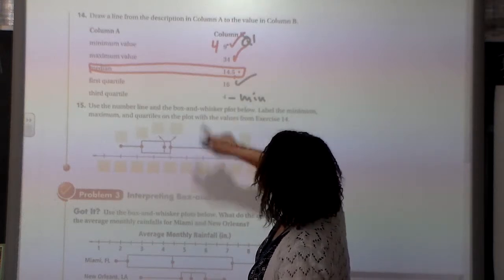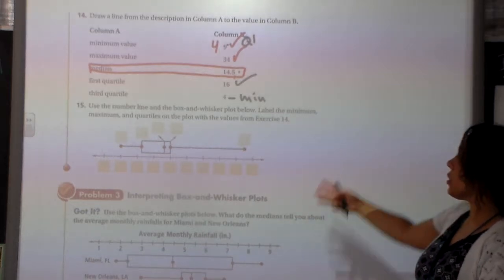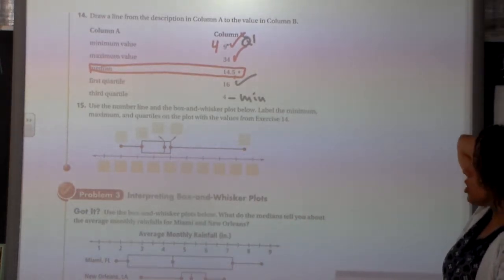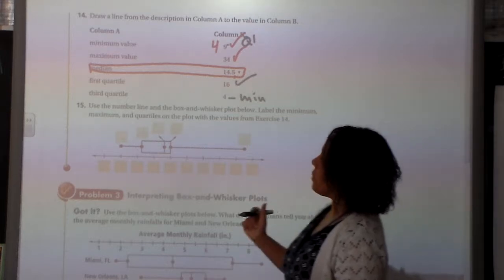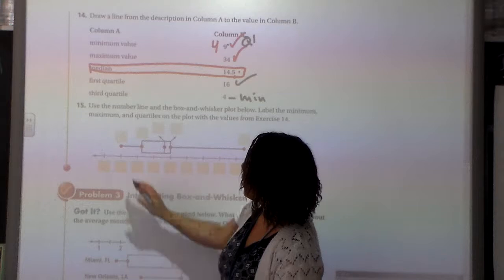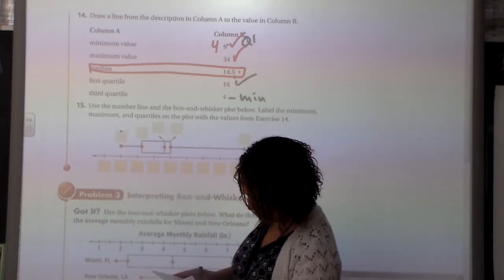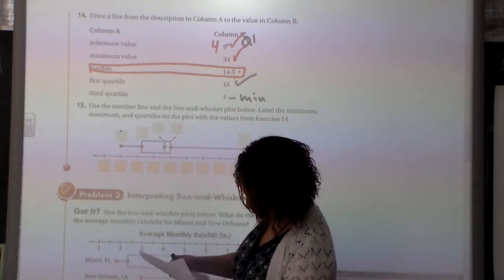And so coming across, we're going to use this information that we just found to create our box and whisker plot. So remember, the minimum value is over here. This is a 4. Let me look and see how they ordered this.